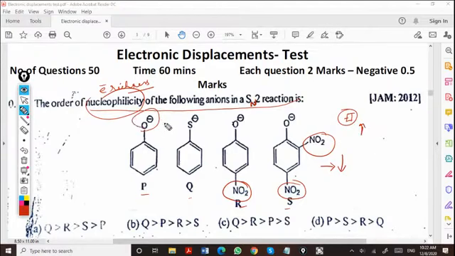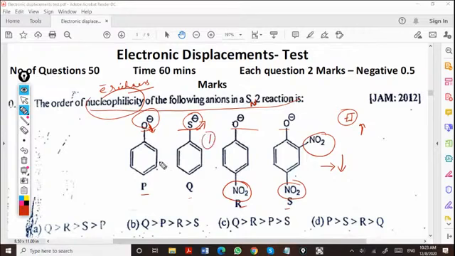Oxygen and sulfur: these three are with oxygen with withdrawing groups. This is sulfur. Among oxygen and sulfur, oxygen is more electronegative, so it cannot donate much electron density. So sulfur can donate more electron density, so it will be a good nucleophile.